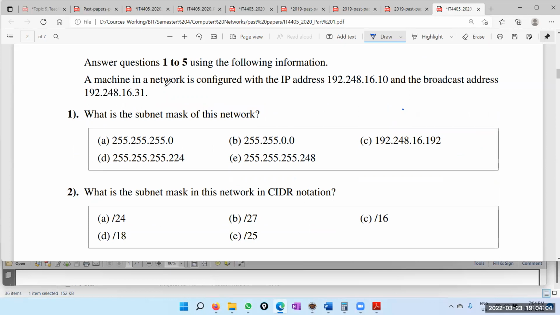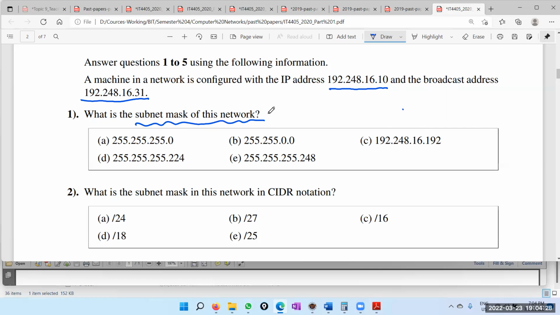Right. A machine in a network is configured with IP address 192.248.16.10, and the broadcast address is 192.248.16.31. So the question is, what is the subnet mask of this network? I think we did this kind of question in the past also.